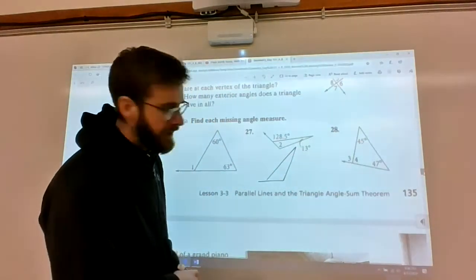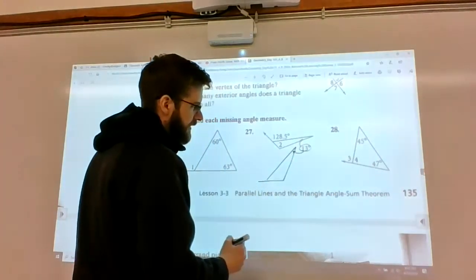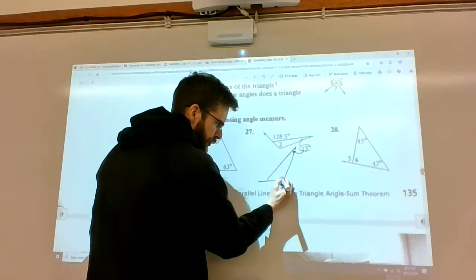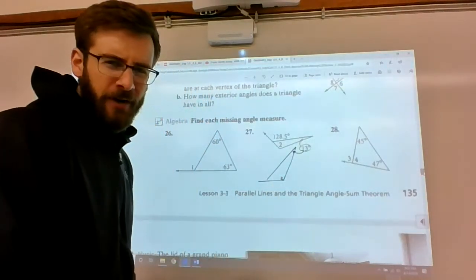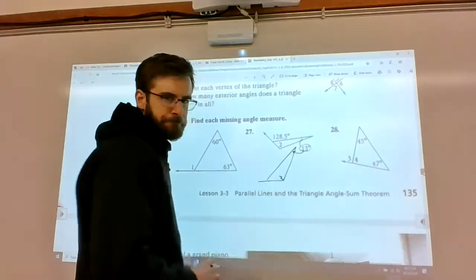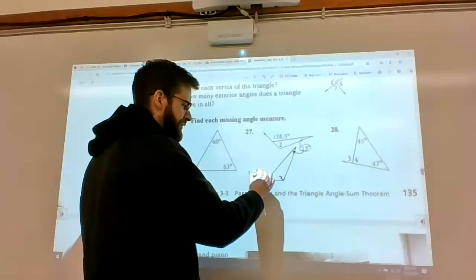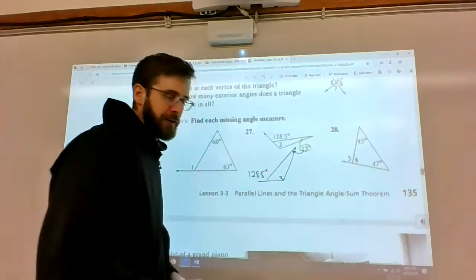Hopefully that's okay with you guys. So the 13 degree angle we're talking about is right here. I want to give that a variable name. Let's call it x. And then this outside angle here is 128.5 degrees.